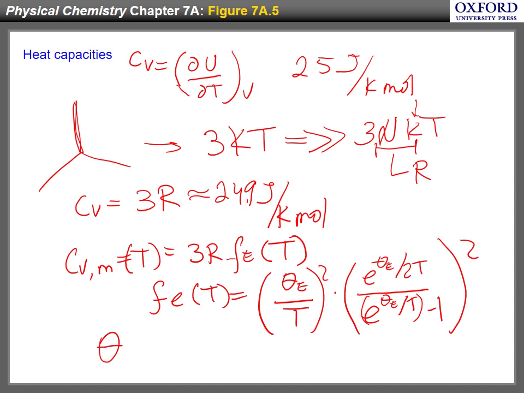So this is known as the Einstein formula. The Einstein temperature equals h nu over k. So it's this constant. This is just a way to express the frequency of oscillation of the atom as a function of temperature.